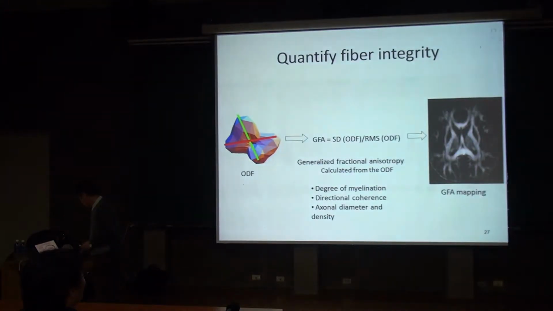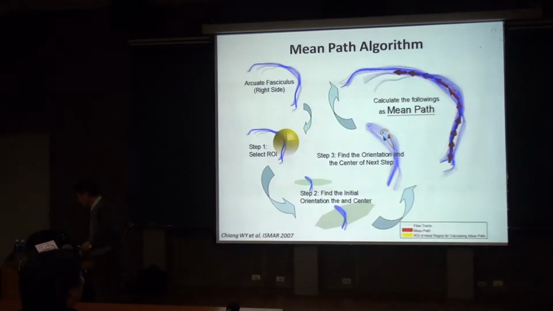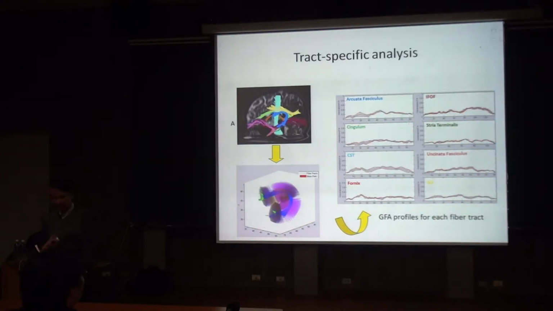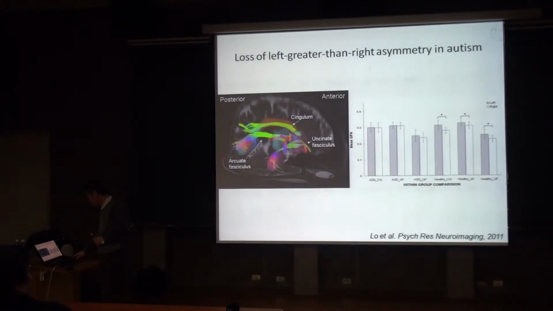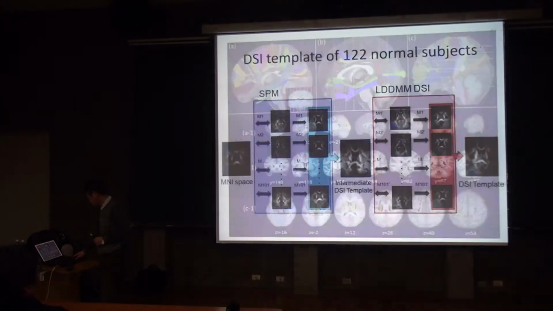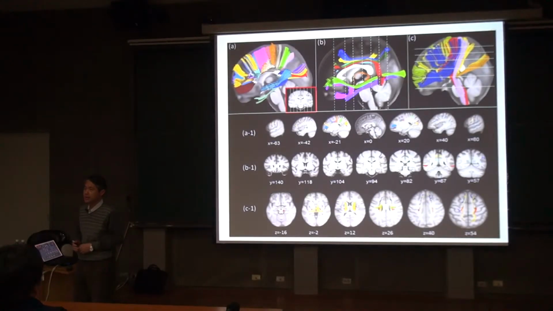Because of the time, I think I need to stop. But I want to show you my recent work. I image the brain, and then I average hundreds of brains in a very sophisticated way.